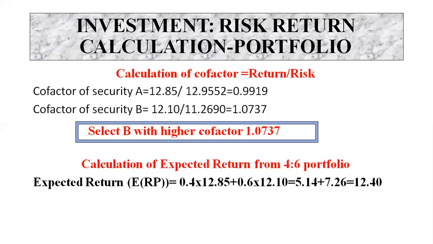Now, it has been stated that a portfolio we can develop by mixing 40% security A and 60% of security B. So now we are trying to develop the expected return and expected risk of the new portfolio. We know the formula of expected return and applying this formula, our portfolio return becomes 12.40%.